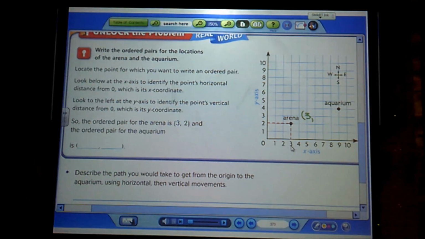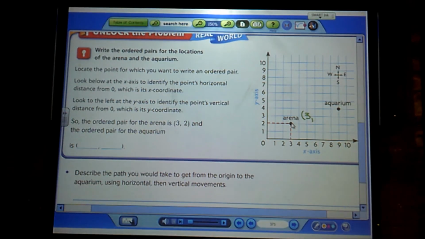As I've said before, we have to go over before we go up. So now that we've gone over and we've represented that first number, we're going to walk up the stairs to our y-axis to where that arena point is to identify the second number in my ordered pair. 1, 2.